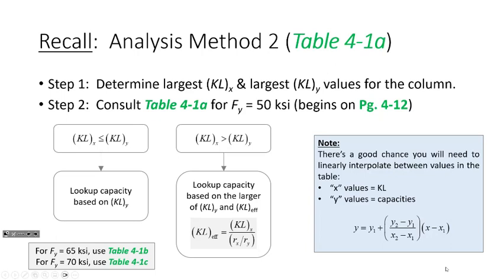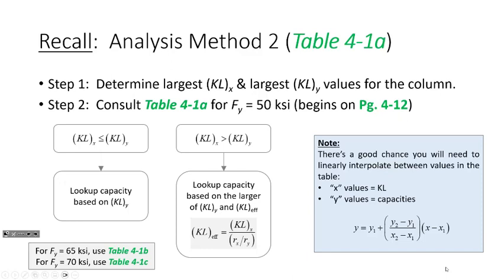Analysis method 2, which uses Table 4-1A, is what we're really going to be living in today in order to perform our design. Remember, the main crux is that Table 4-1 lists our capacity based on the column buckling about the weak axis, which I think is the default way we should list a column's capacity.